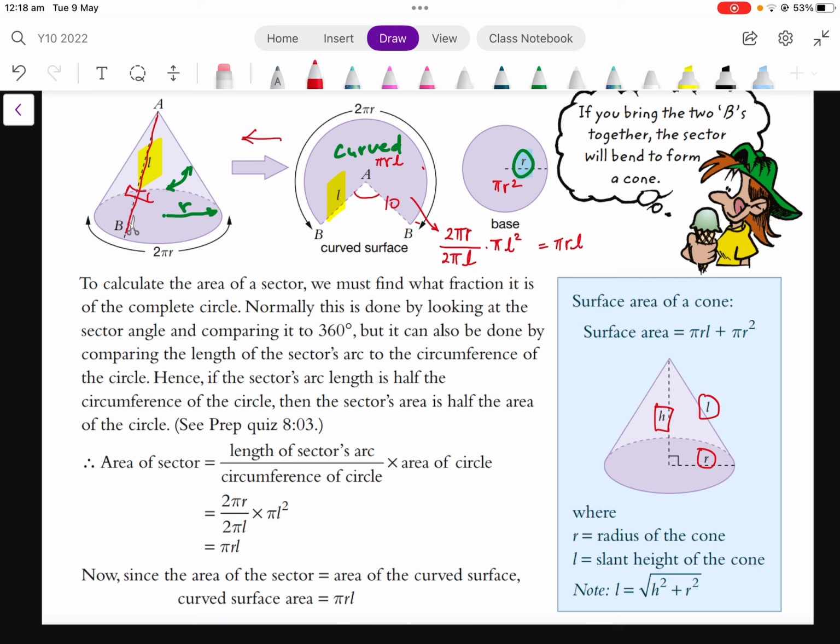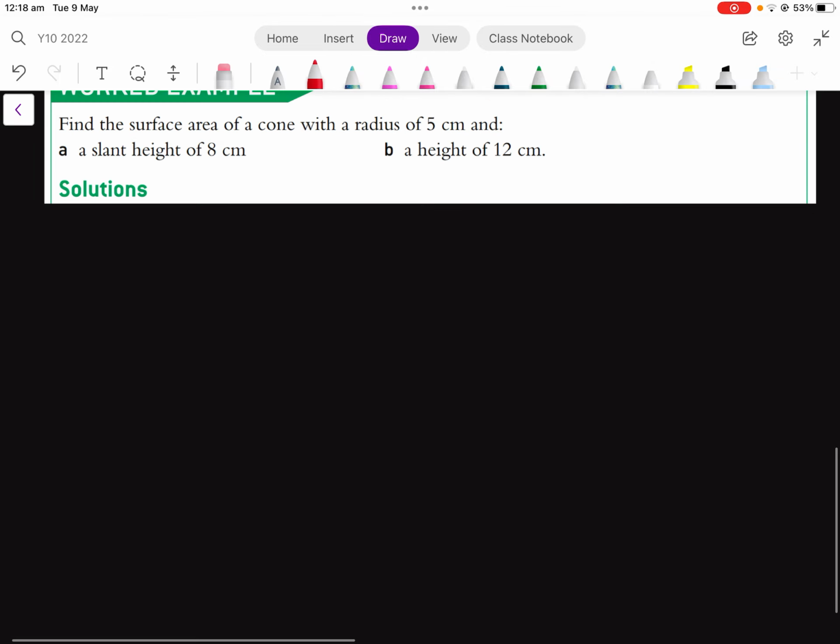So you can calculate this using the Pythagoras theorem, which is equal to root of h square plus r square. Okay, so the surface area of the cone, this is the formula, is pi RL plus pi r square. And if you don't have the L, you can use this sketch, h and r, to find the slant length L. Okay, let's look at the worked example.